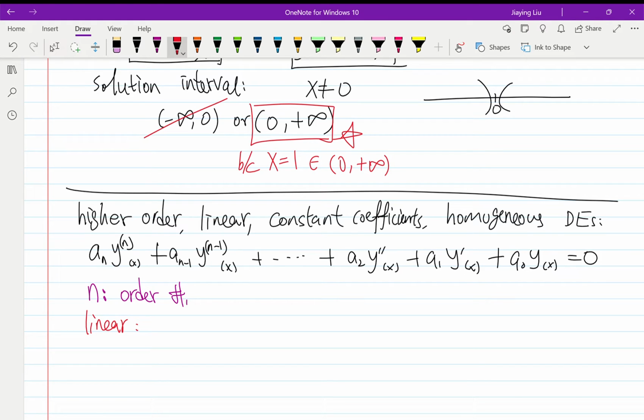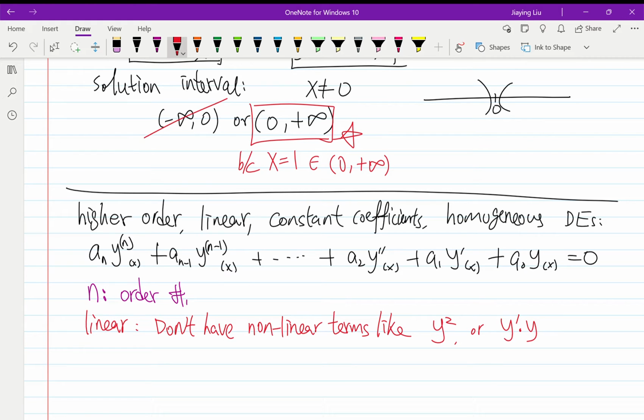We don't have nonlinear terms, like, for example, y squared. That's a nonlinear term. Or y prime times y, that's also nonlinear because it's a product of two terms. So we don't have any of this.